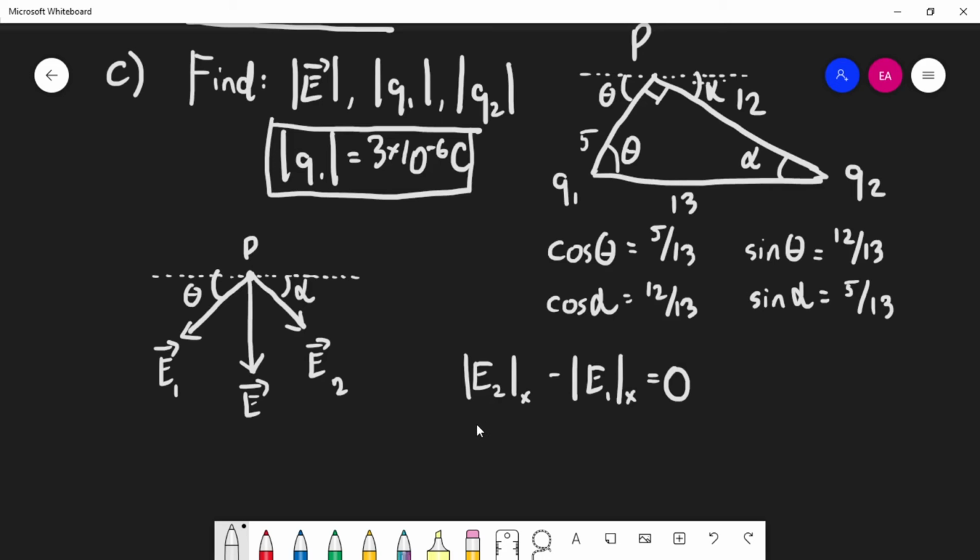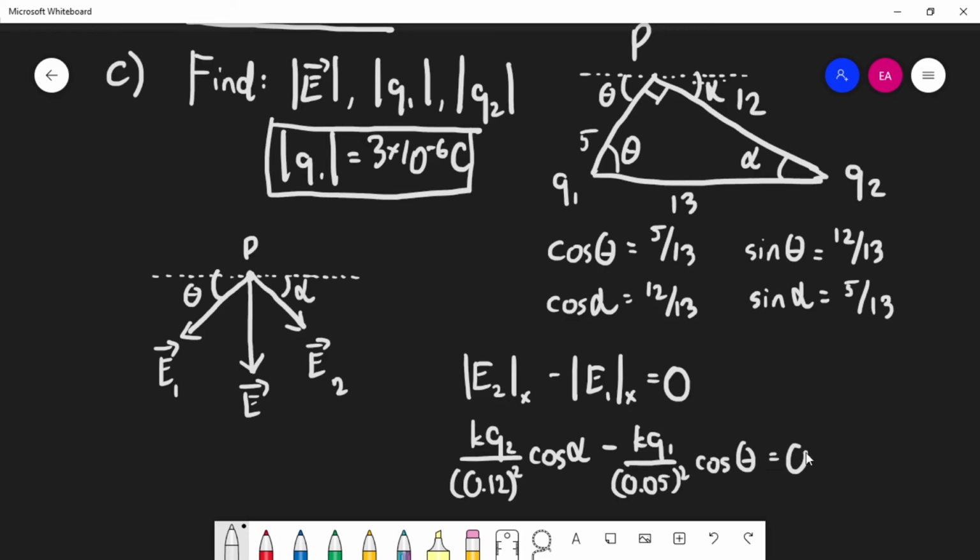E2 is k q2 over r squared. R of q2 is equal to 12, so actually, not 12, it's 0.12. We square this, and since it's x, we say cosine, and the angle that we're going to be using is alpha, minus kq1 over r1, which is 0.05, squared, x is cosine, and the angle should be theta.